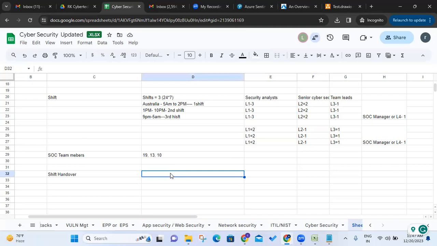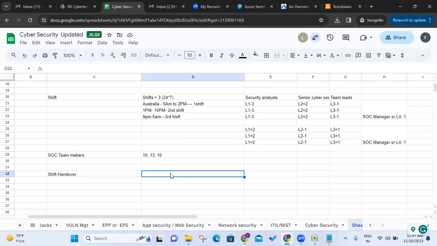In the shift handover, what information do we hand over? What are the new incidents picked up by the respective cybersecurity analyst? How many are on hold? We need not bother about how many are closed. Closed one is already closed. Pending or on hold is also fine. Whatever is new, in progress or escalated, that information we have to provide mainly.